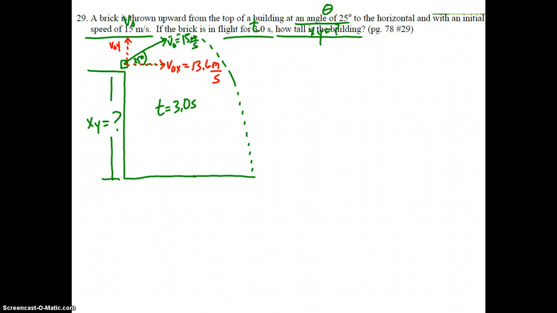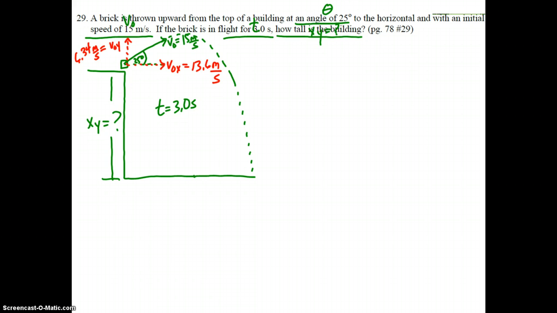Likewise, VOY is the sine function to calculate it, since its value is opposite the angle, and VO itself is the hypotenuse. So VOY is VO sine theta, or 15 times the sine of 25 degrees, and that value is 6.34 meters per second.